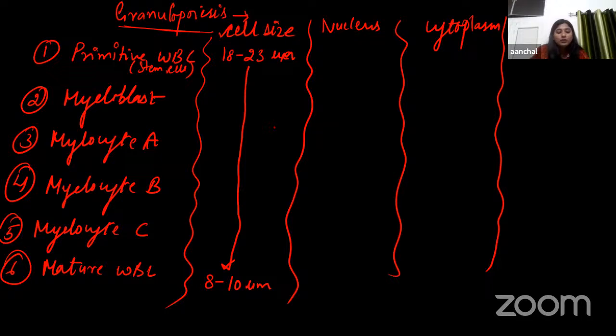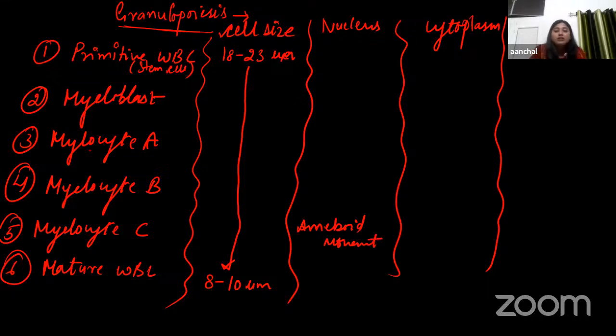Then talking about the nucleus, the nucleus is present in a very huge bulk in the primitive stem cell, right? As the stages proceed, the size of the nucleus will decrease, and it also starts showing amoeboid movement. So in myelocyte C, there will be appearance of amoeboid movement.